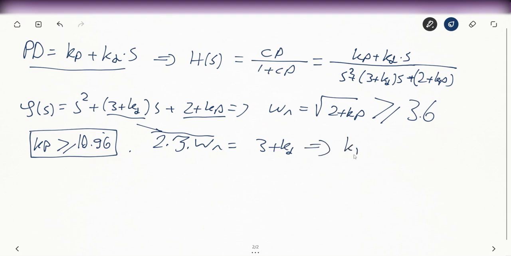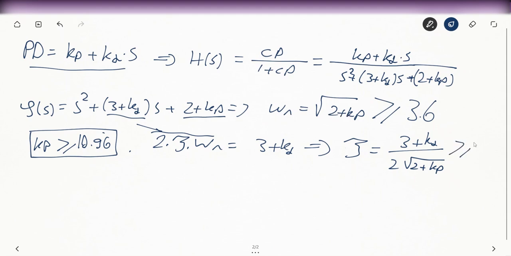Let's say zeta is equal to 3 plus Kd over 2 times omega n, while omega n is the square root of 2 plus Kp.